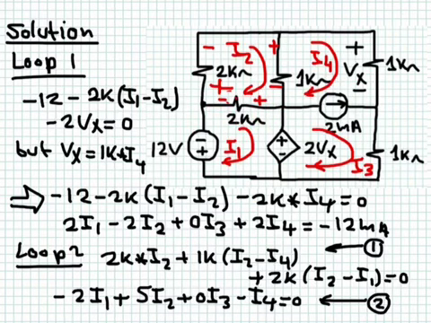Okay, so what we can do here, we can simply go around this direction. So this will be minus 12 volts. I can take this drop here as negative positive, so I'm going to count this one as positive. And this is positive in the direction of I2. So I can write it as 2K (I2 minus I1).